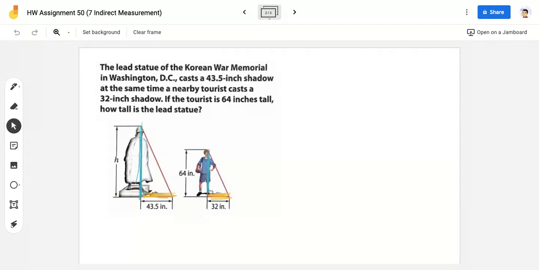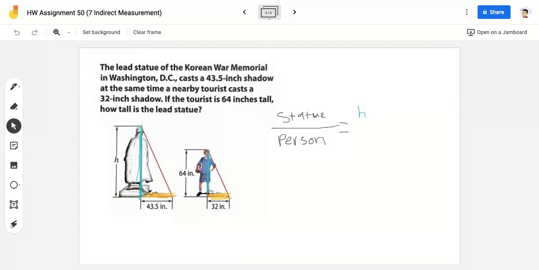So let's go statue over person. Let's go with their heights first. The statue's height, we don't know. It's h inches.